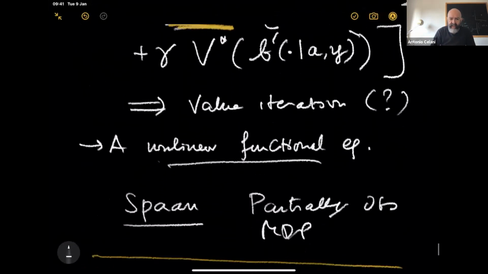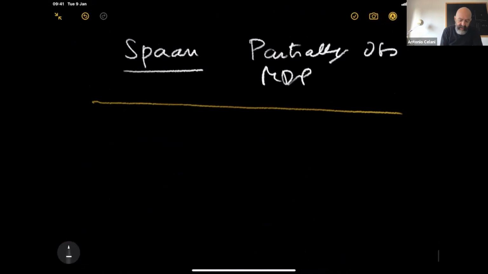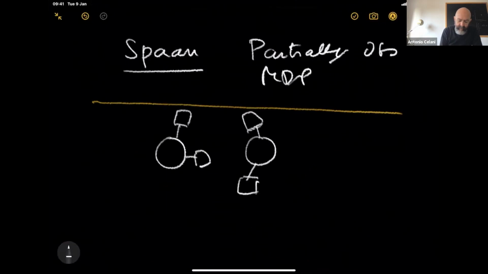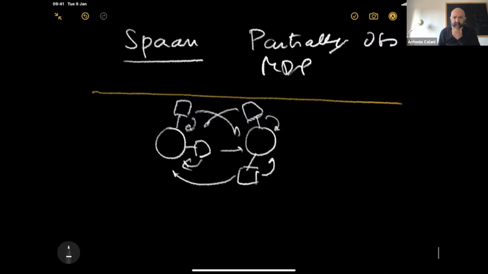So to fix the ideas, let's consider for a second one of our workhorses, that is just a system with two states and two actions. The most general one would have probabilities, etc. I'm not detailing all the transitions here, but you've seen this already several times.